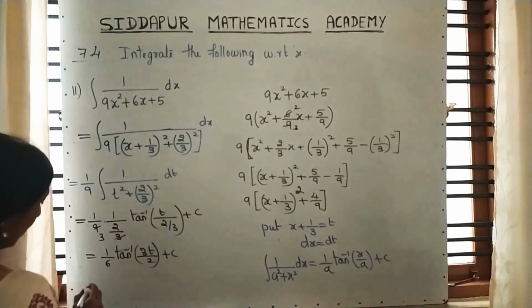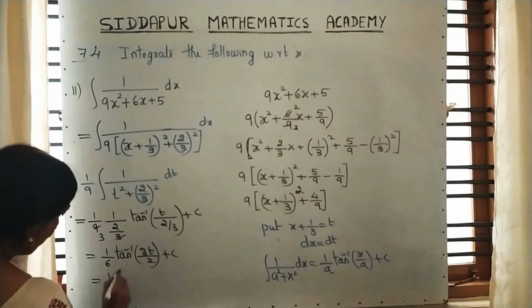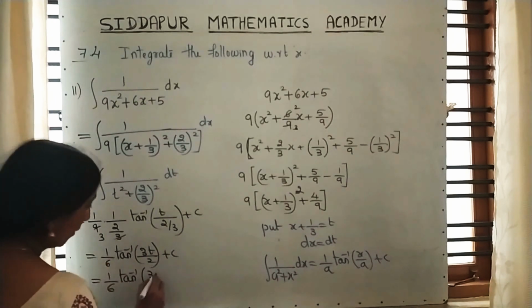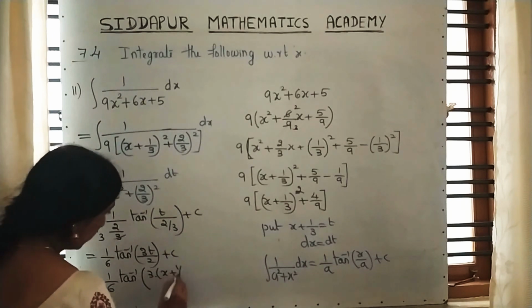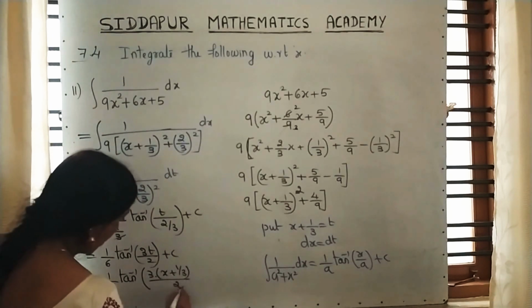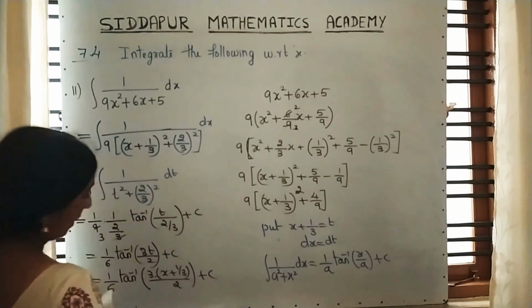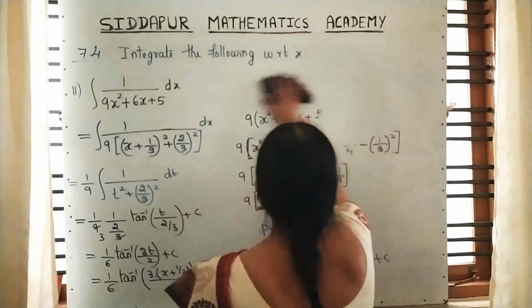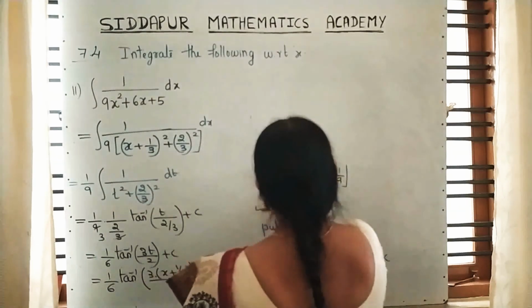Write down that t value. 1 by 6 tan inverse 3 into t value, which is x plus 1 by 3, upon 2 plus c. If you want to take the LCM for this bracket term, see how you will write it.